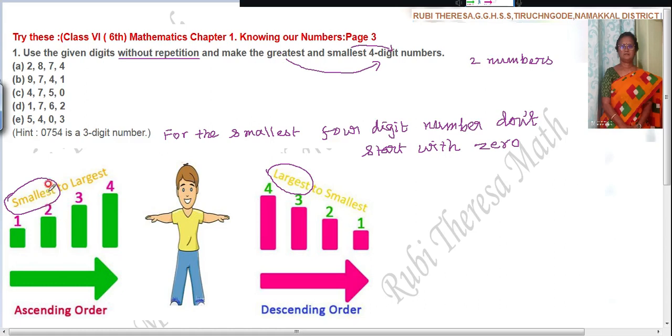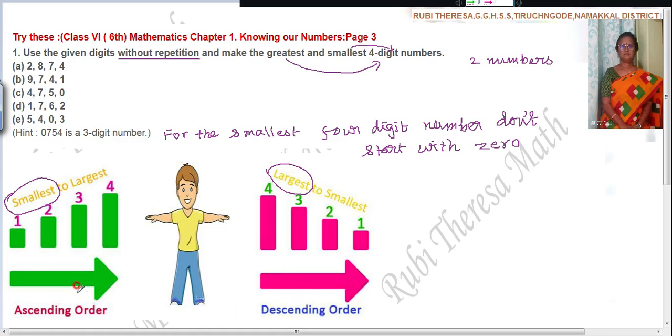If you want to write the smallest 4-digit number, you start with the smallest number and end with the largest number. So, smallest to largest means smallest 4-digit number. Largest to smallest means largest 4-digit number in this problem. So, ascending means smallest. Descending means largest.